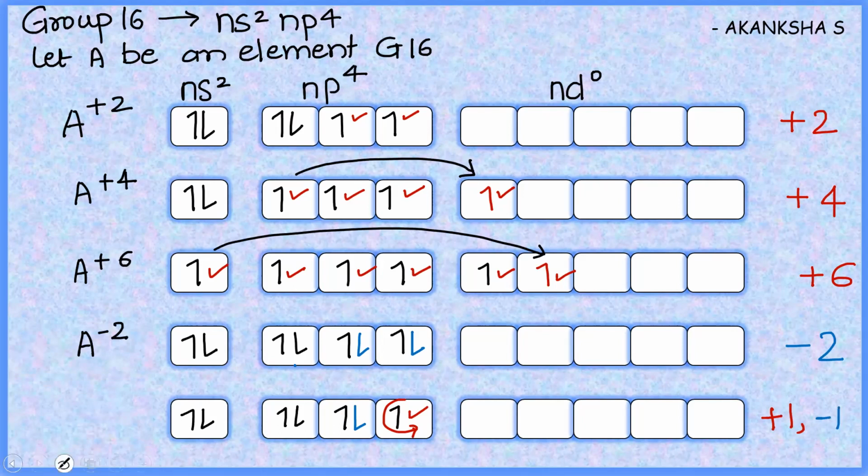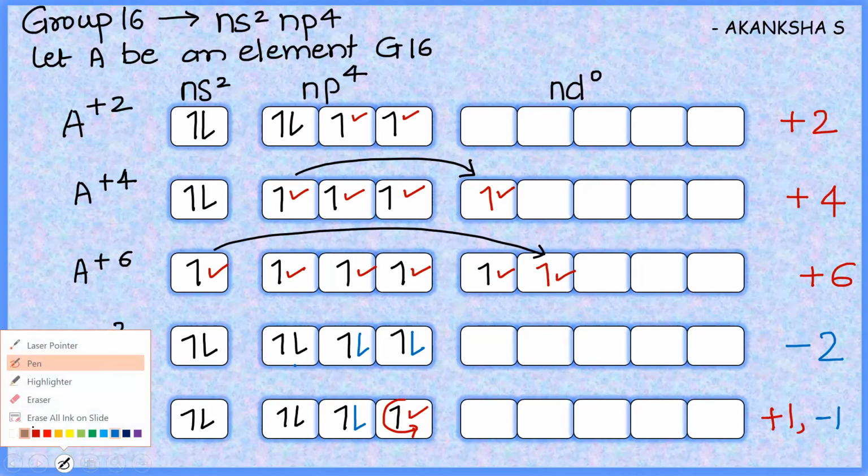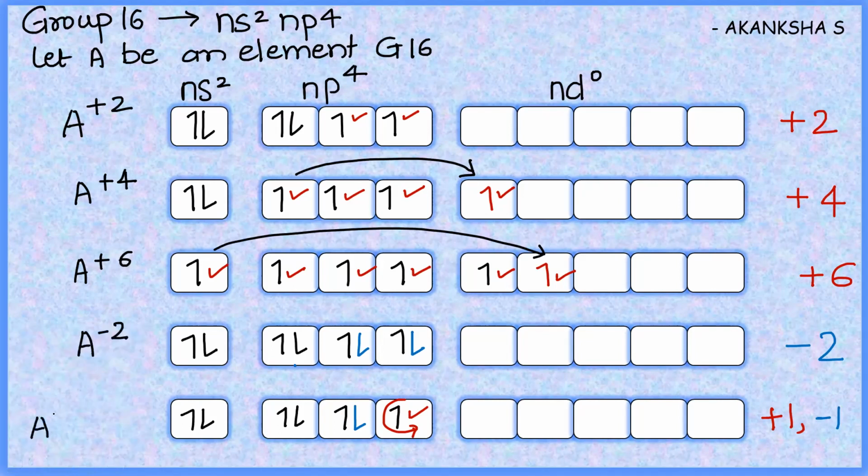Rarely occurring species, but yes, they are prominent. A +1, A -1. So what are the common oxidation states found in group 16? +1, -1, -2, +2, +4, and +6. These are the oxidation states of group 16.